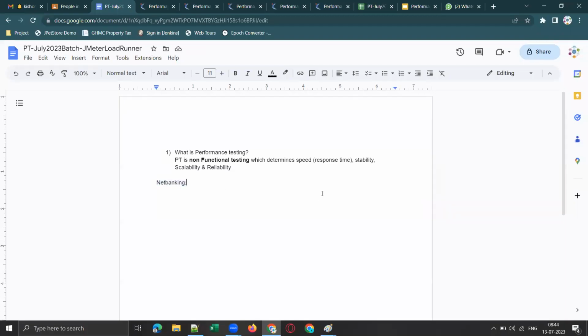So we will discuss what is meant by important business flows of any application. First I will take a net banking example and then any e-commerce application. What is meant by e-commerce, guys? Online shopping applications, right?